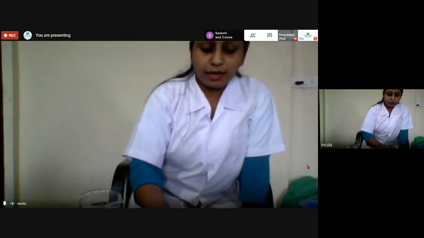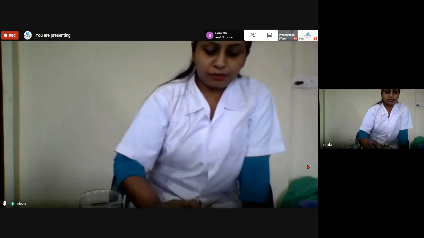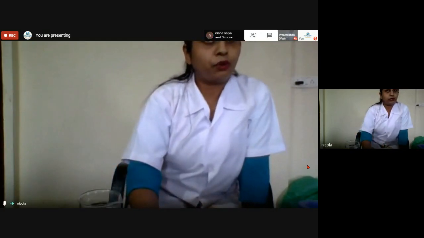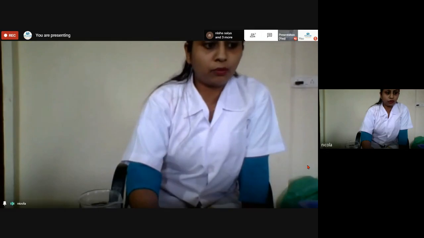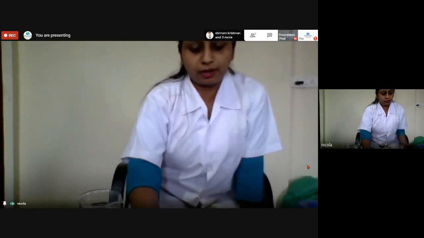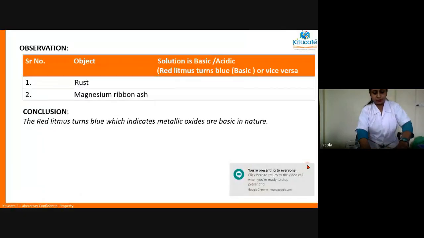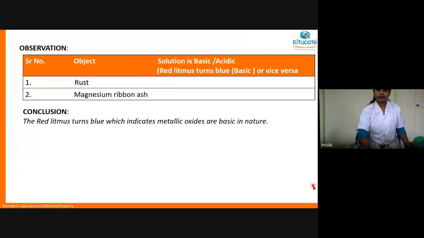Have you all seen that if you have dropped some curry or something on your clothes and you wash it with soap, then that portion becomes red in color? Have you ever observed that?